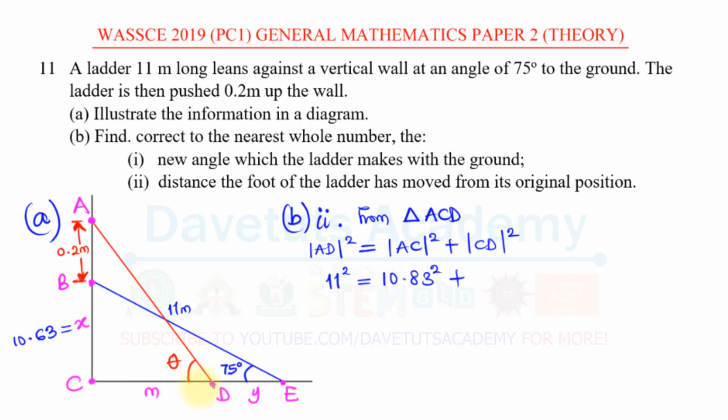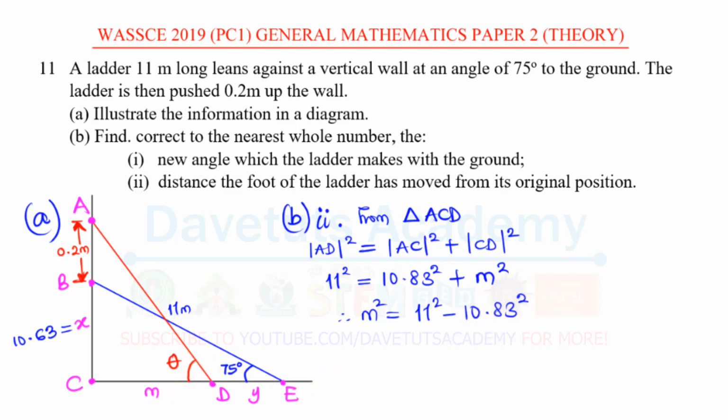This angle here. So you can say this is plus M raised to power 2, such that M square is equal to 11 square minus 10.83 square.